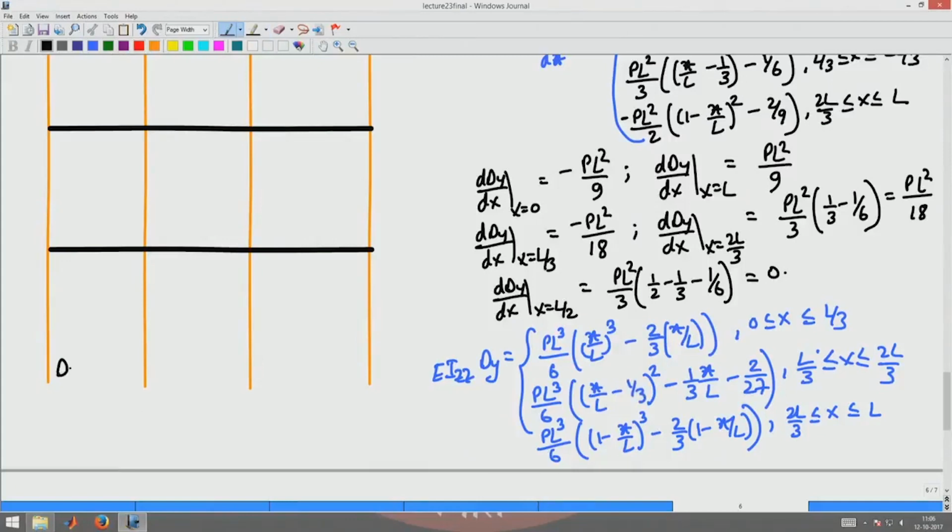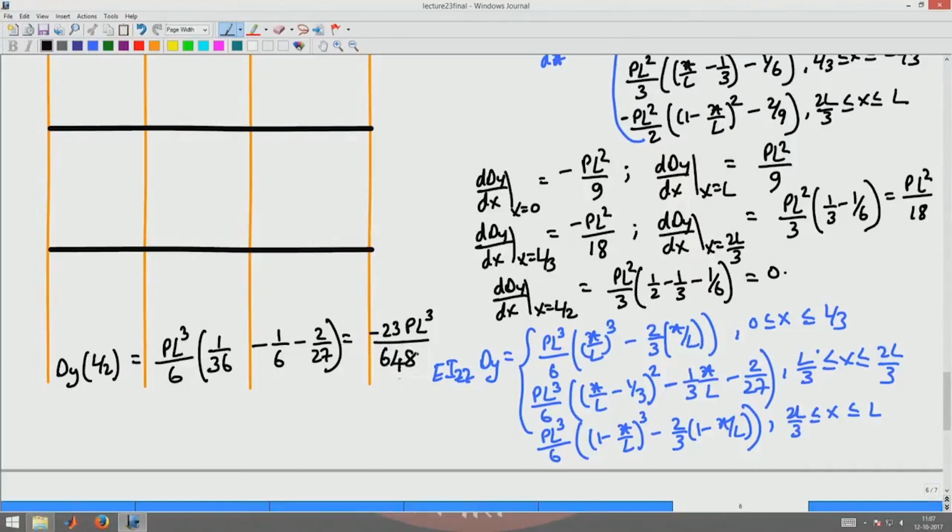So delta y at L by 2, substituting in this equation, would be PL cube by 6 into (1 by 2 minus 1 by 3 is 1 by 6, it will be 1 by 36 minus 1 by 6 minus 2 by 27), which will be minus 23 PL cube by 648.